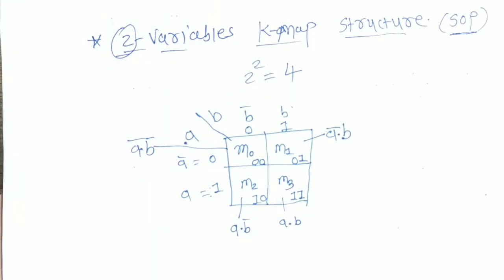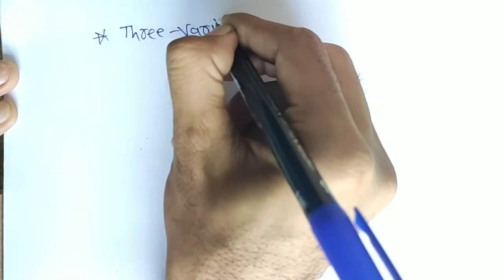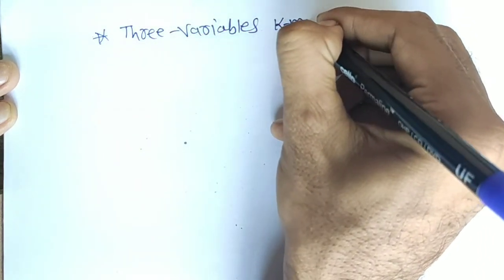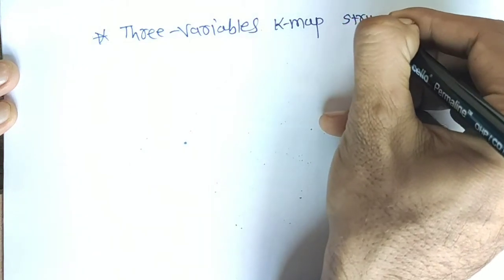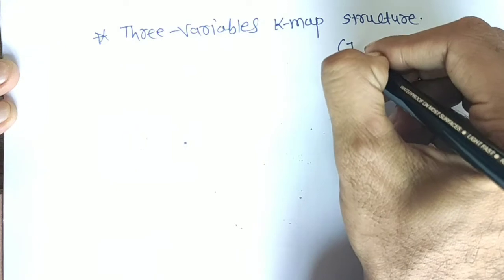Now we can discuss the 3 variable K-map structure in SOP form.